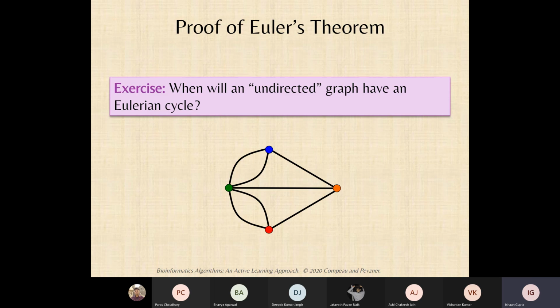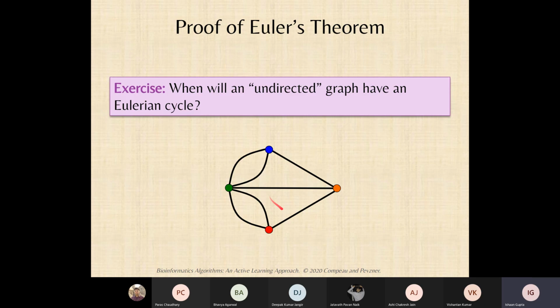Can you tell me which edge will be the best to remove here? Sir, I think any edge will work. Any edge will work? Yes, sir. Are you sure? Totally, the one between green and orange.